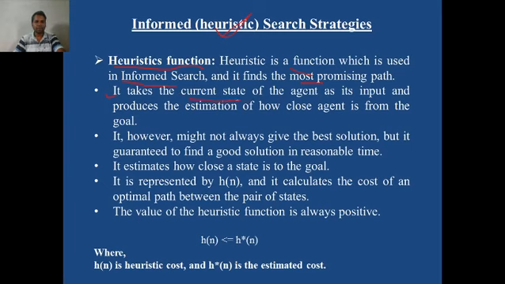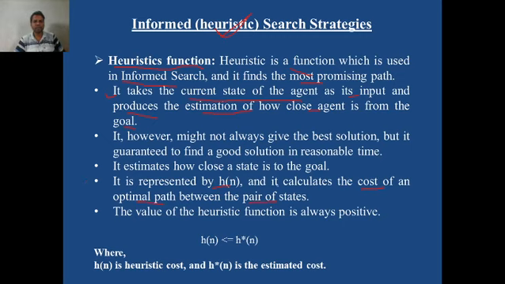The current state of the agent is required as its input. Based on that it produces an estimation of how close the agent is to the goal node. It is generally represented by h of n and it calculates the cost of an optimal path between a pair of states, meaning from the current state to the goal state.